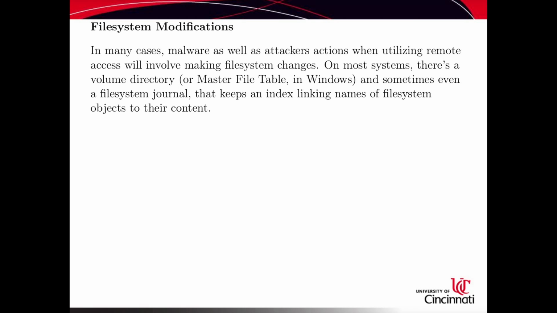As you can imagine, anyone performing actions on your system is very likely going to end up making modifications to these data structures while copying files, deleting files, moving files, all sorts of stuff. When any of you are using your systems, you're constantly making changes to this directory structure.